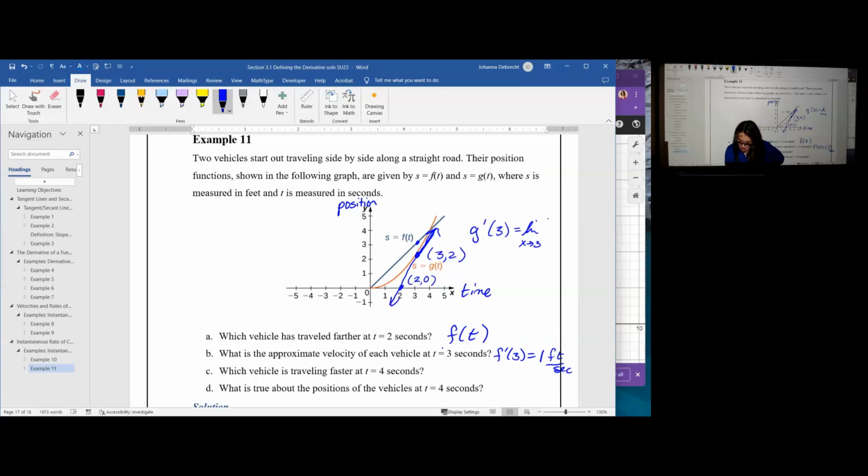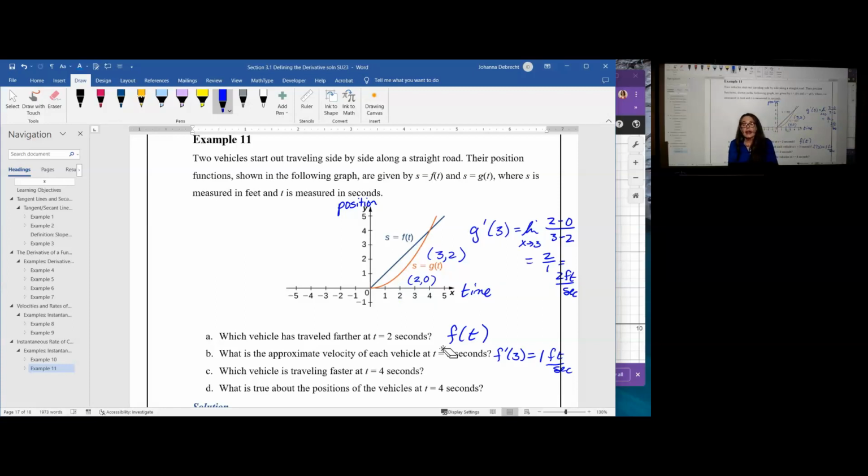This is simply going to give me 2 minus 0 divided by 3 minus 2, which gives me 2 over 1, or 2 feet per second. That means that the one in orange is traveling faster than the one in blue, even though the one in blue is further along.